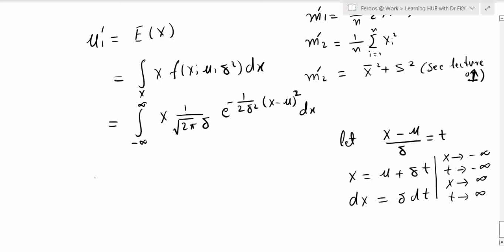So the range is the same, minus infinity to infinity, and you can write 1 divided by 2 pi sigma outside as well.